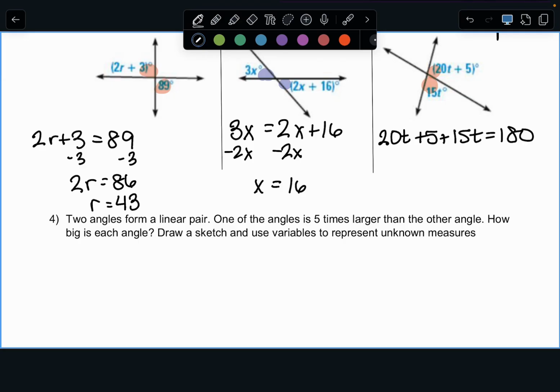Let's combine like terms. 20t plus 15t gives us 35t. And then I'm just going to subtract this 5 from both sides as well. So I'll get 175 on the right. Last step, divide both sides by 35. I get t is equal to 5.